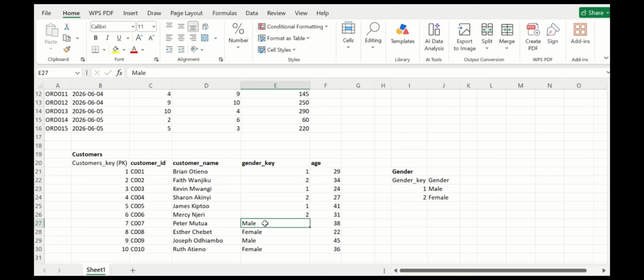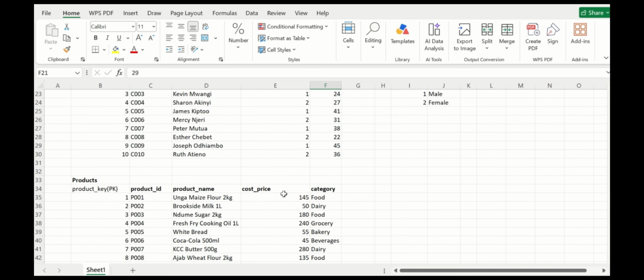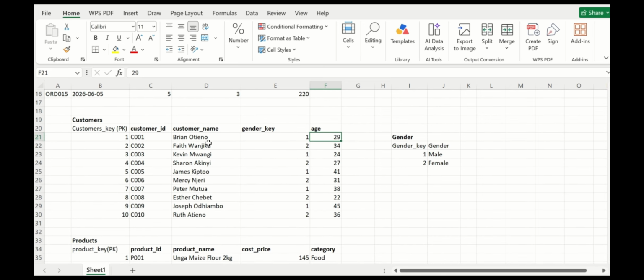And so on down the column. This will help us reduce the space, and eventually it will help us improve the performance of our system. So that means we don't have any data redundancy currently.